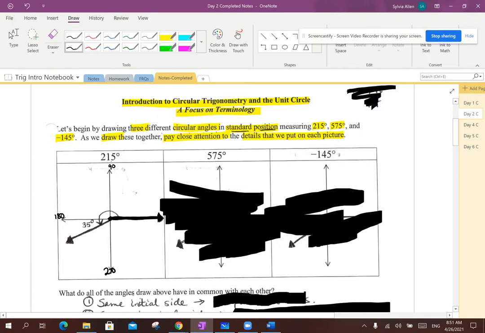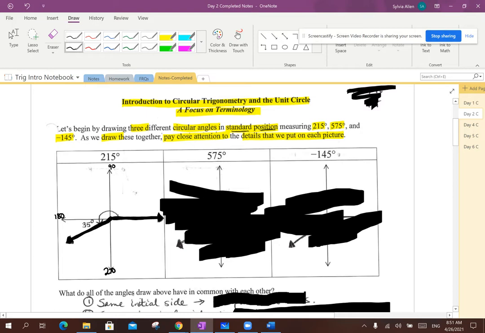So if we look at 215, we notice that it's a little bit more than 180 degrees. In fact, it's 35 degrees more than 180 degrees. So that means we are ending in quadrant 3. So we take this ray, and we're calling it a terminal ray because that's where it terminates.